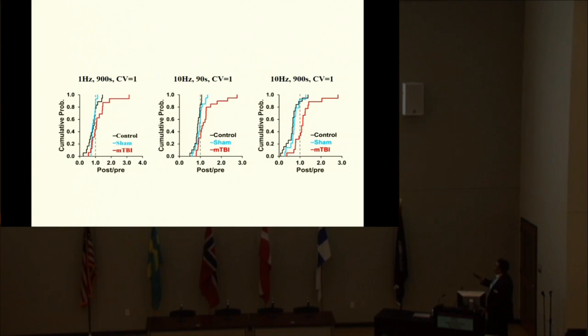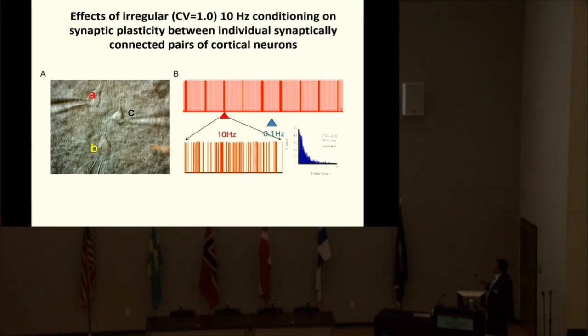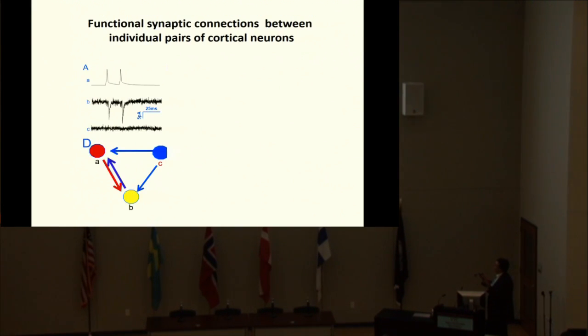And in each case, for the highly variable response, we got a statistically significant difference between normal brains and injured brains. Now, we wanted to take this to the level of single cells, so we also did an experiment. Zhangping Wu has done this experiment, and I realized I didn't put his picture up there. I apologize. He's done a similar experiment between individual neurons, not stimulating a bunch of inputs, but pairs of cells.